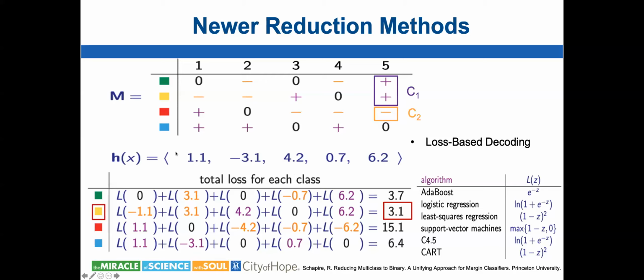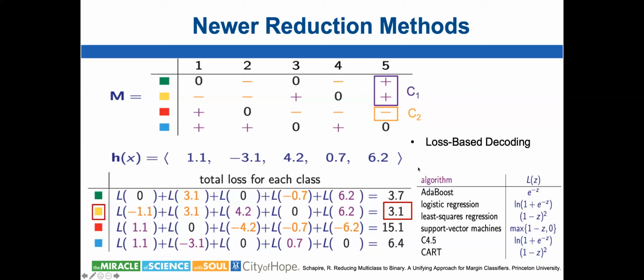With these margins, based on the classifier that gave us these margins, we want to use the loss function of that specific margin. Let's say we're working with a support vector machine. We would define our loss function as the max of 1 minus z, where z is our margin, our real valued output.